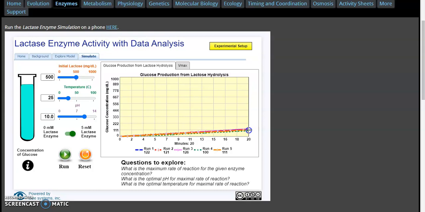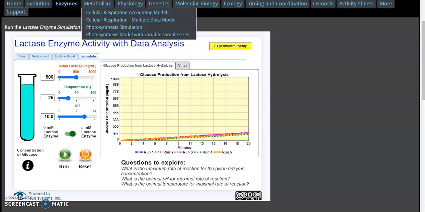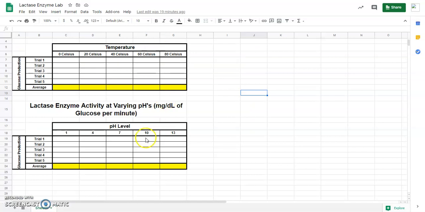All right, so trial 1 was 122, trial 2, 121, trial 3, 126, trial 4, 100, trial 5, 111. So those 5 numbers, plug those into these 5 spots for trials 1 through 5, a pH of 10, and then find the average and put the average here at the bottom.